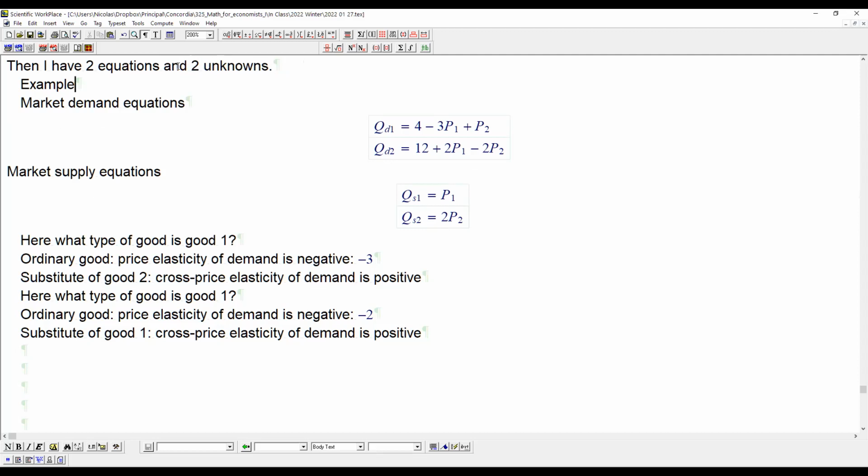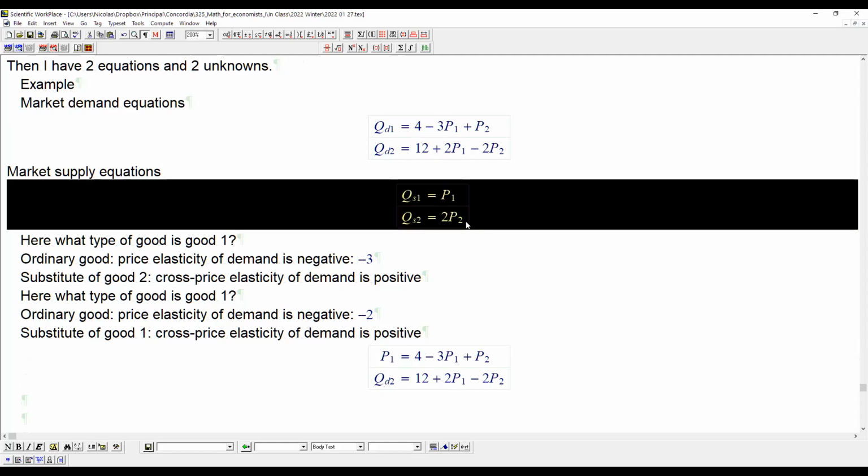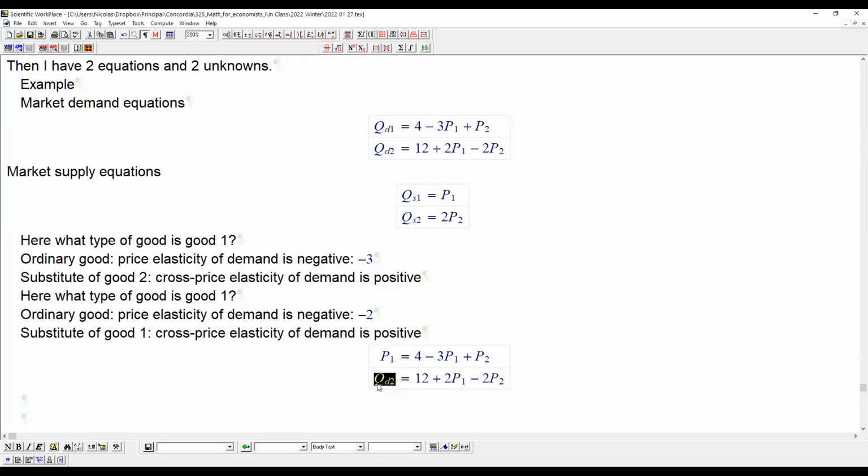Well, I don't remember what this is, so let's try and find it. So this is equal to P1, and this is equal to 2P2. So let's put all the P1s on one side and see what we get.